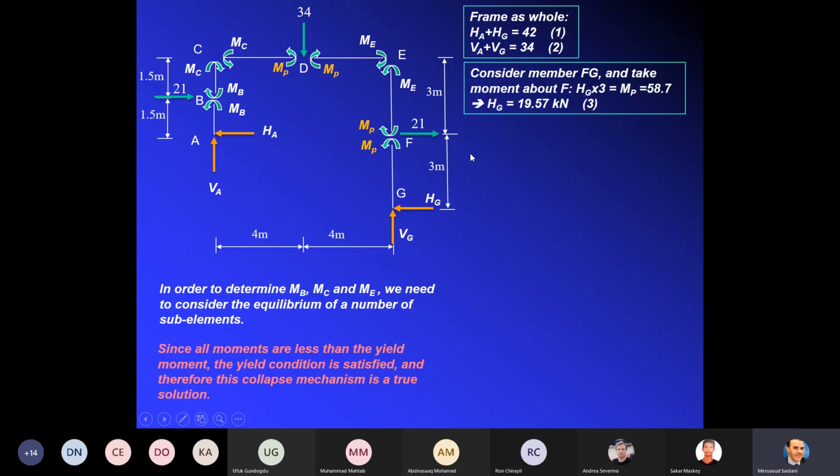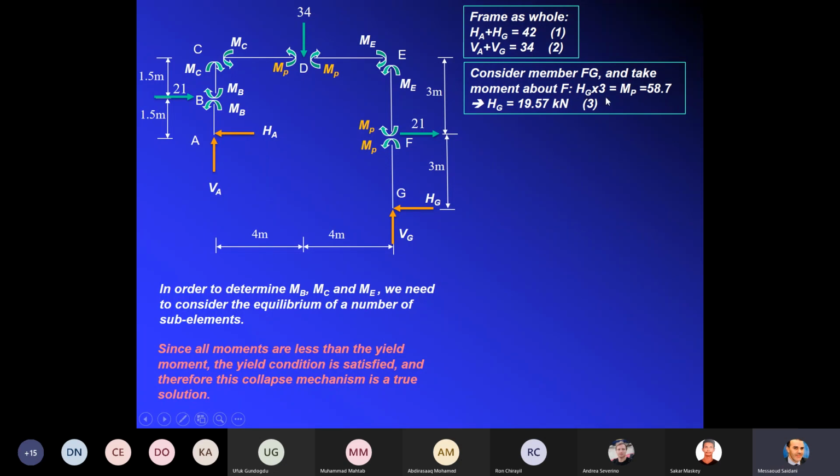In my case, I've considered the equilibrium of FG, this part, and taken moments about F. Looking at FG only, we have HG times 3, clockwise, equals MP, anti-clockwise, and MP is 58.7, remember.